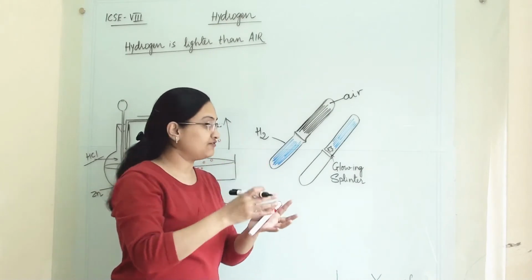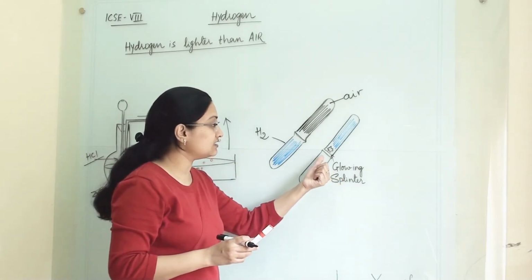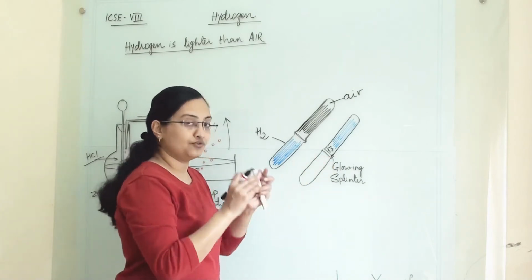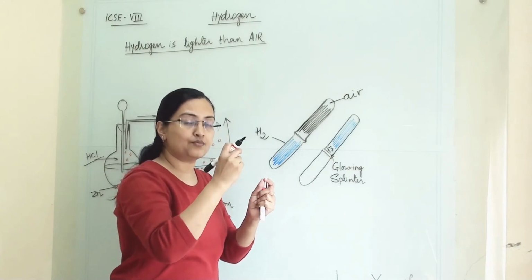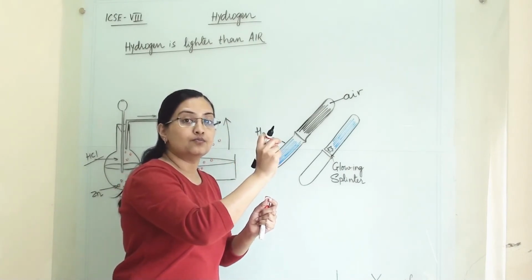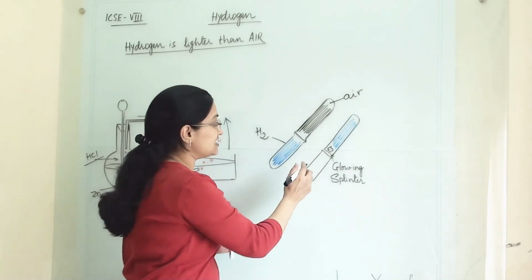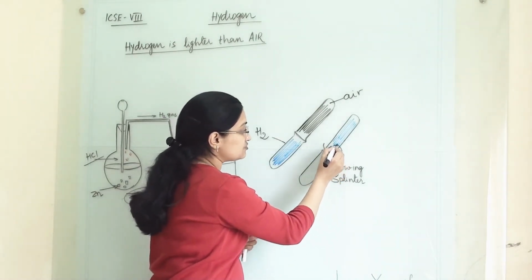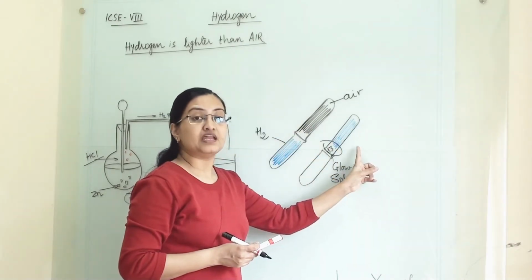After that, you can separate the two. In that little gap, you can push a glowing splinter inside, and you can see the spark towards the test tube which remained at the top.